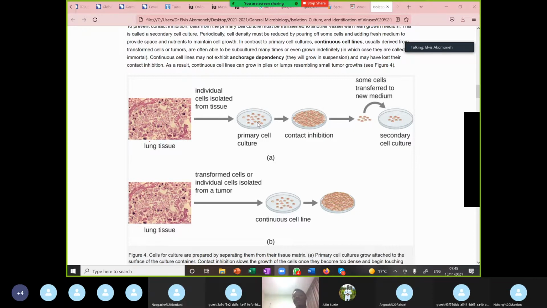But we need to observe that our cells are living cells. To observe that, we culture them without infection yet. And we know that primary cells don't grow when they meet each other. I'm sure you must have heard of the phenomenon of contact inhibition before. When cells grow and get in contact with each other, they stop growing.